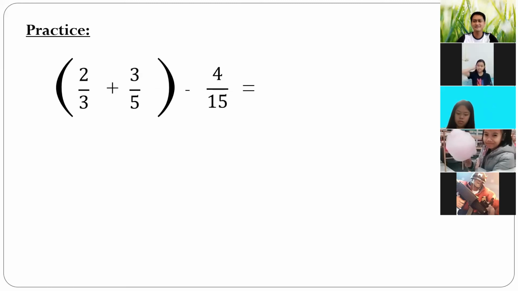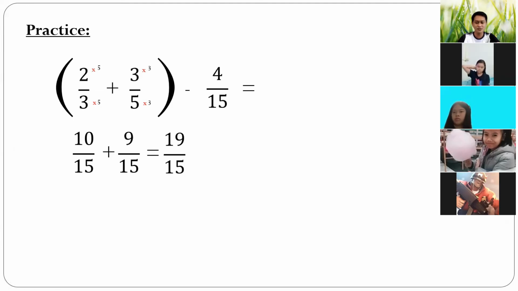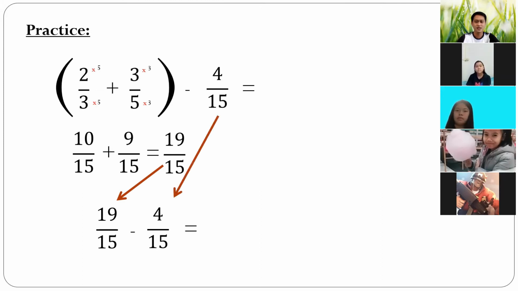What is your answer? 1. Okay, let's find out if it's 1. Ten over 15 plus 9 over 15 is 19 over 15. So 19 over 15 minus 4 over 15 is 15 over 15 or 1. Very good.